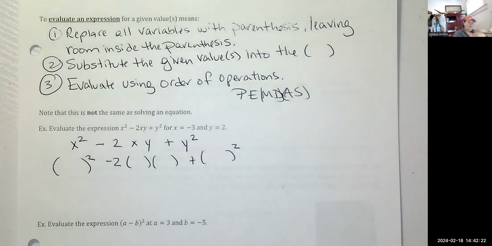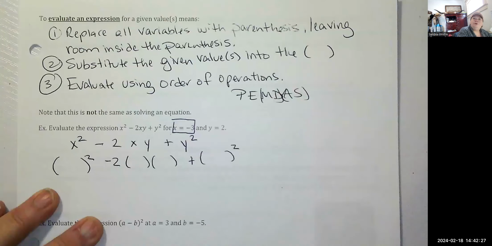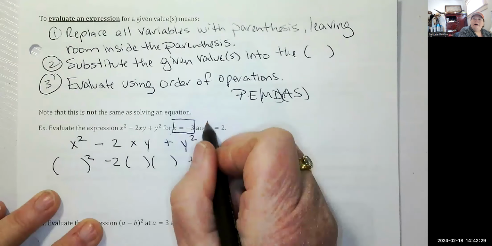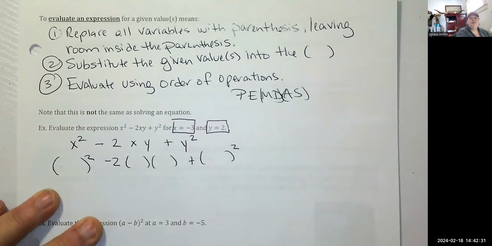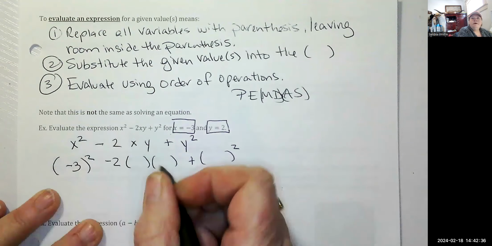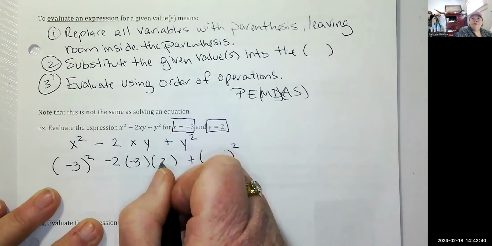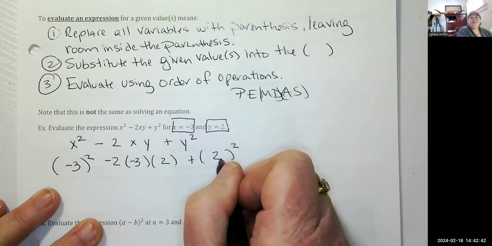Now I'm going to take what they're telling us. Everywhere there was an x, I'm going to plug in a -3, and everywhere there's a y, I'm going to plug in a 2. I'm just substituting. So this was an x, so now it's -3. This was an x, -3. This is a y, so it's 2, and this is a y, so it is 2.